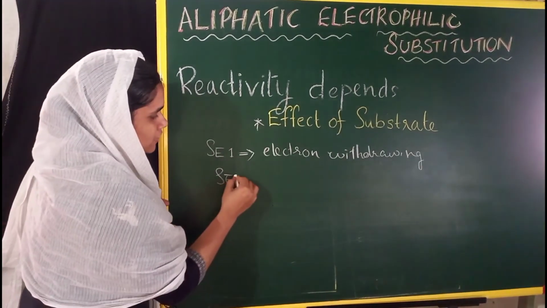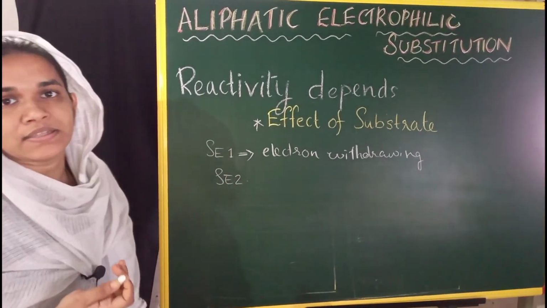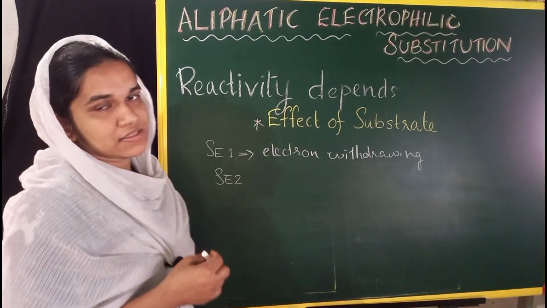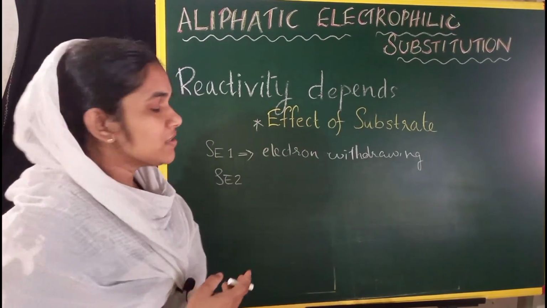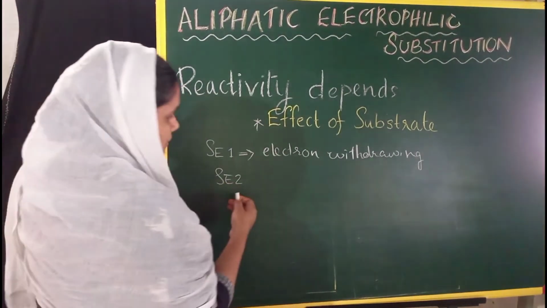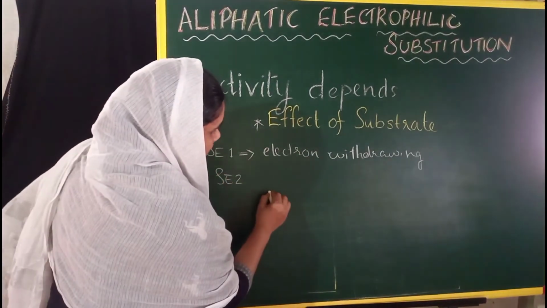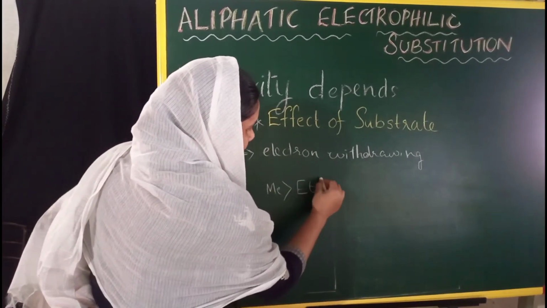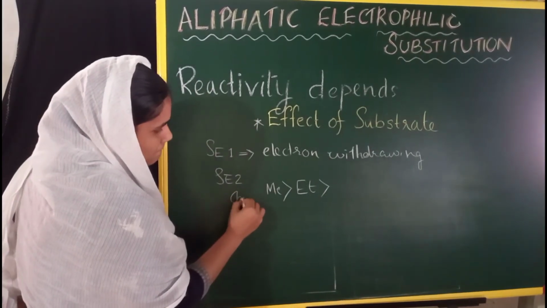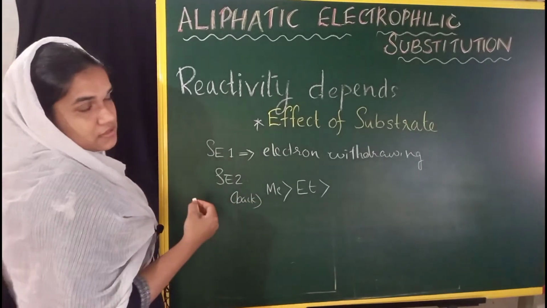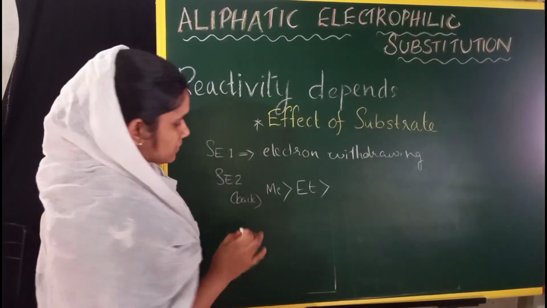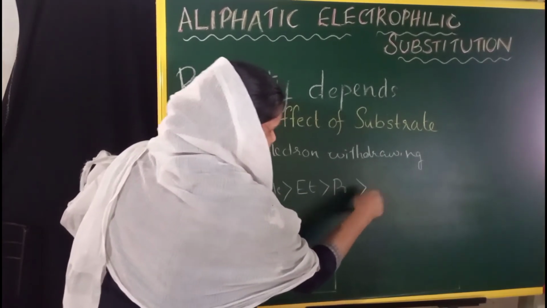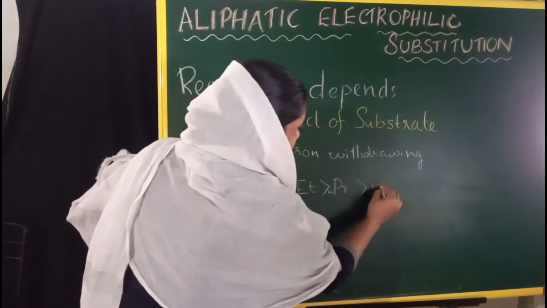In the case of SE2 reactions, there can be SE2 front and SE2 back. In the case of the SE2 back reaction, similar to the SN2 reaction, there is evidence in the reactivity order, that is, methyl greater than ethyl, greater than n-propyl, then isopropyl, neopentyl, etc. This is SE2 back, that is, with inversion of configuration.